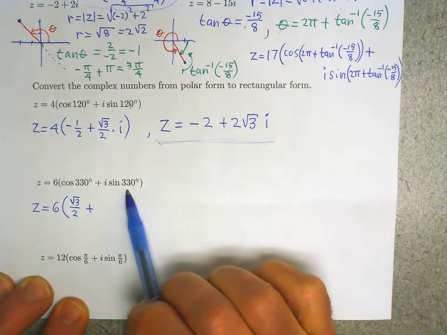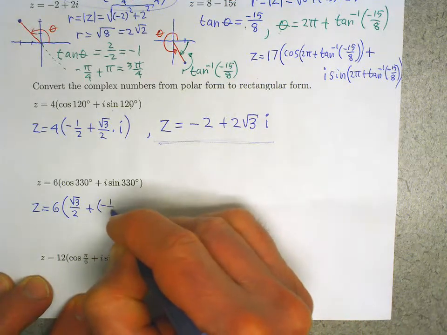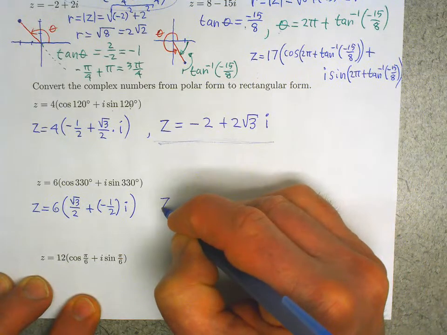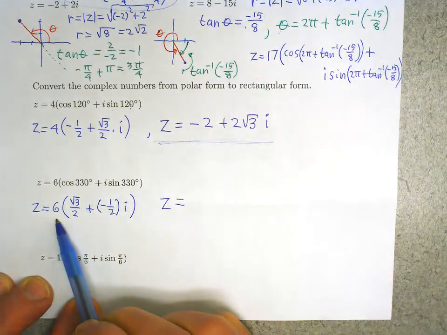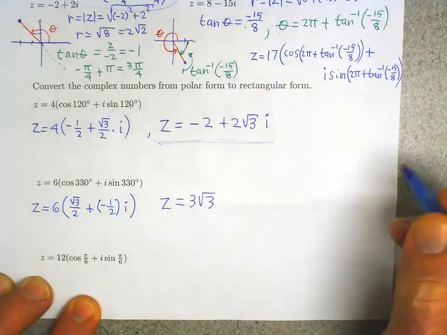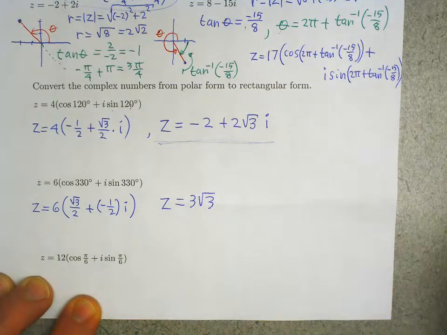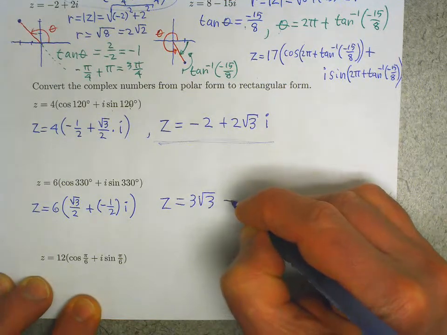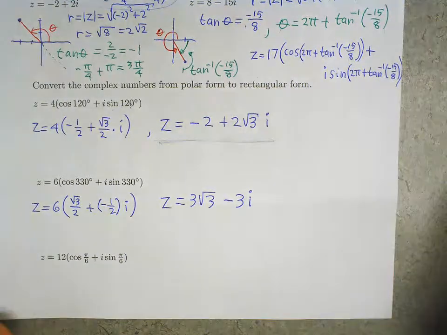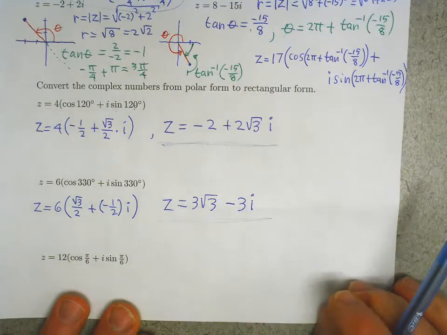Sine of 330 degrees is negative 1/2. Then we do a little bit more arithmetic. 6 times the square root of 3 over 2 is 3 times the square root of 3. And 6 times negative 1/2 times i is negative 3i, but we'll write it as minus 3i. That's the rectangular form, the a plus bi form.